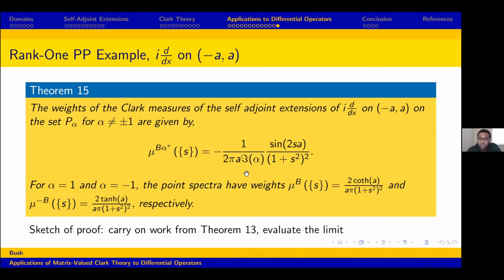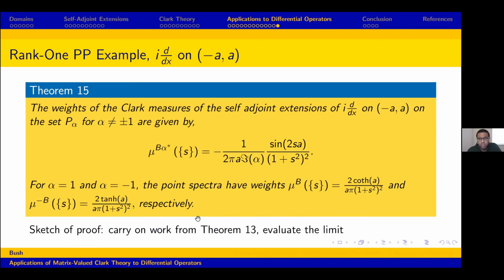Notice there's a point where you divide by the imaginary part of alpha, which means you have to break the proof into 3 cases. If the imaginary part of alpha is non-zero, this is true. And then for alpha equals 1 and alpha equals minus 1, we have separate results.